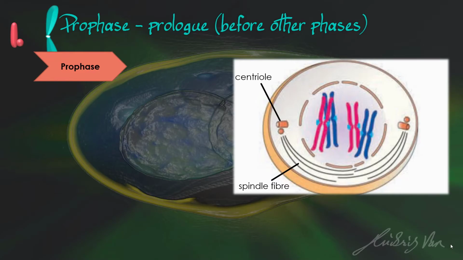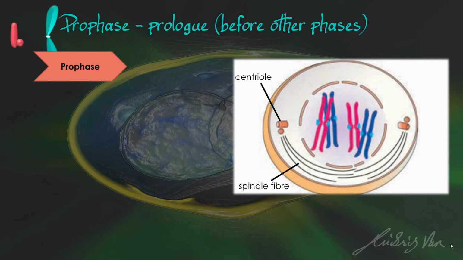The function of this spindle fiber is to arrange the chromosomes into their respective places, as well as pulling them away from each other during anaphase. So you can see the centriole like the puppet master, then the spindle fiber like the string that is attached to the puppet, which is the chromosome.